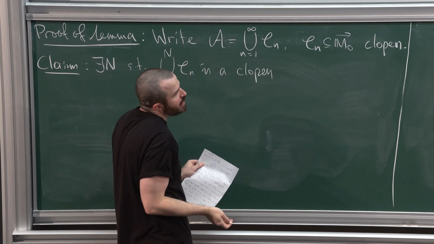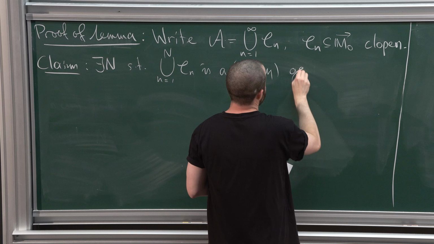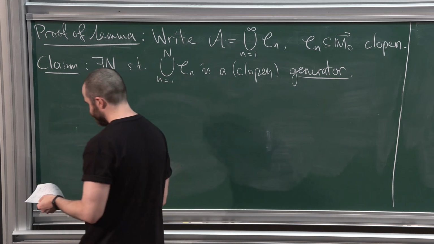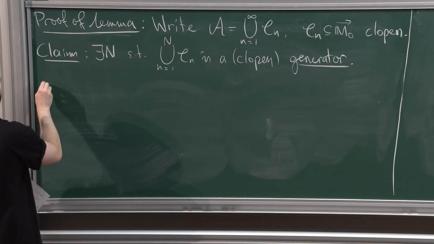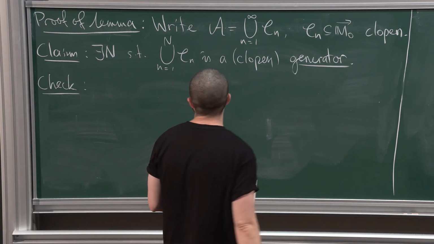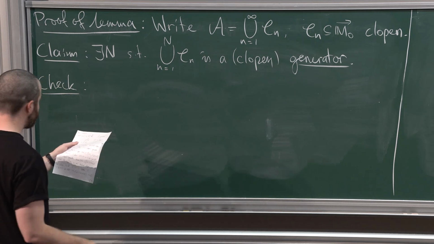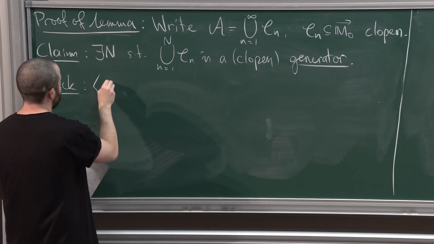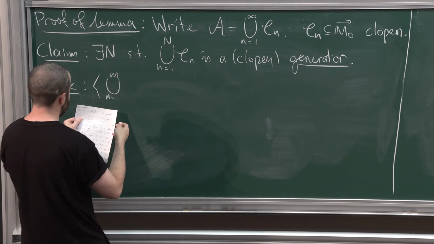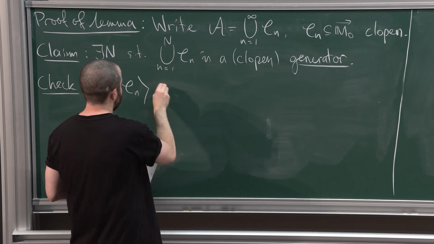So it's always Clopen because it's a finite union of Clopen sets, right? So the only part of the claim is that this is really a generator. Okay, this is the most mysterious part of the proof. And so what you can check is that, okay, this is a topological groupoid. And so we're looking at open sets. If you start multiplying open sets, you also end up with open sets and so on. So you can check that if I look at just finitely many of these guys and what it generates, then this is open.